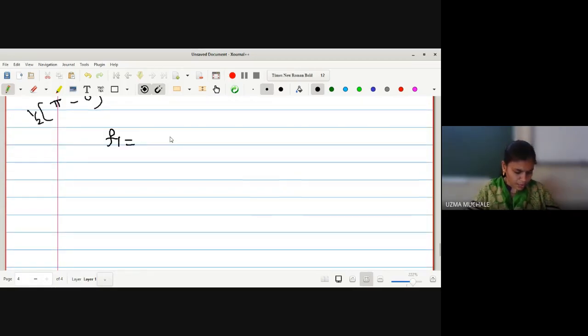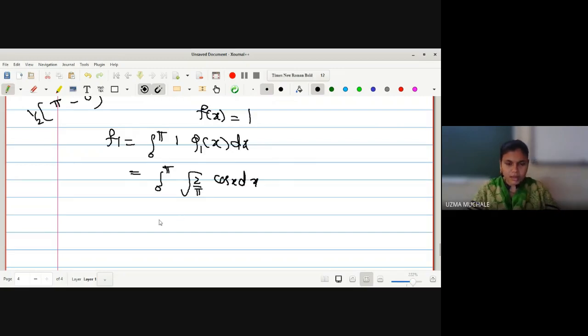So f1 is equal to integration 0 to pi, 1, because the value of f of x is 1 in our original equation. f of x into phi 1 of x dx is equal to integration 0 to pi, where phi 1 of x is under root 2 by pi cos x dx, which is equal to under root 2 by pi, integration of cos is sin x within the limit 0 to pi. No doubt again it will be 0. f1 we got as 0.